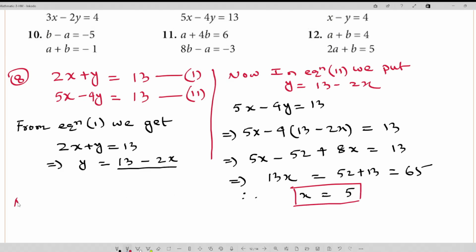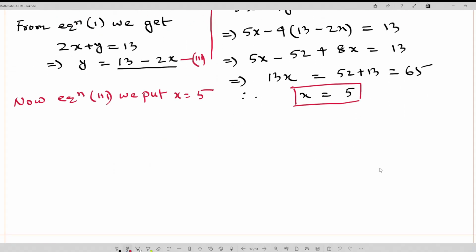Now equation 3. What is equation 3? y equals 13 minus 2x. We put x equals 5. So y equals 13 minus 2 times 5.